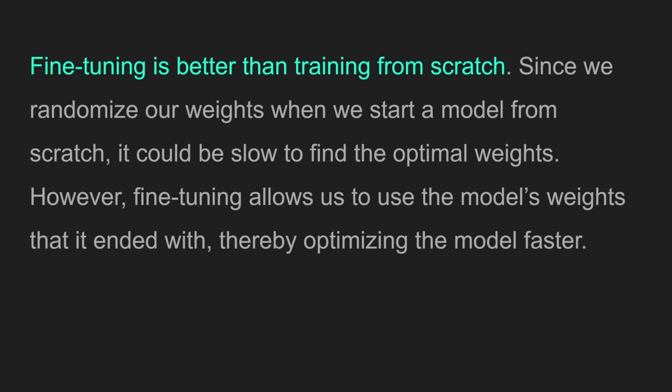However, fine-tuning allows us to use the weights the model ended with on our previous data set, so we don't have to randomly assign weights. We can just use weights that are pretty close, which allows us to optimize our model and converge faster. So fine-tuning is still very overpowered.